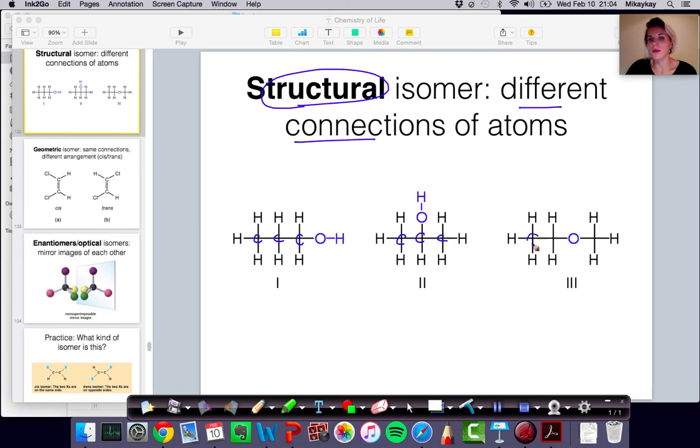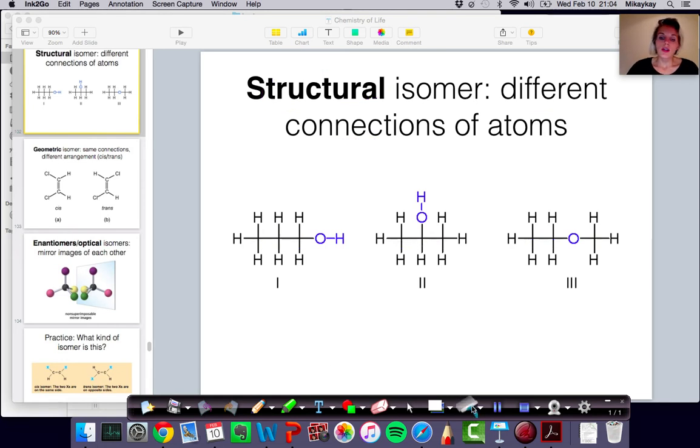It's a backbone. We just assume that it's there. So in all of these we have 3 carbons, right? And we have our 1, 2, 3, 4, 5, 6, 7 hydrogens, and we have our 1 oxygen. But they're all connected in different ways, and so all of these are actually different molecules. They have different properties, and that's really important.